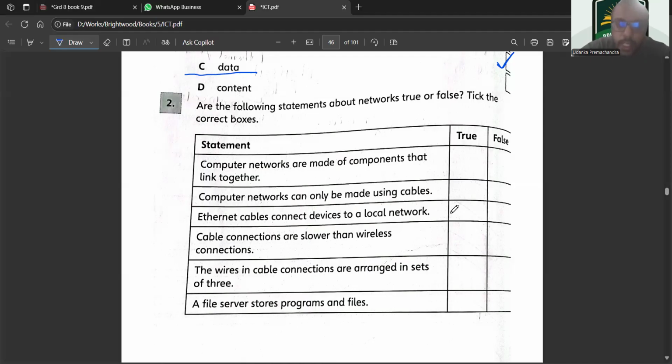You see, the wires in a cable connection are arranged in sets of three. The file server stores programs and files. What can you say? We will write the answers. So here, you should decide whether each statement is true or false.